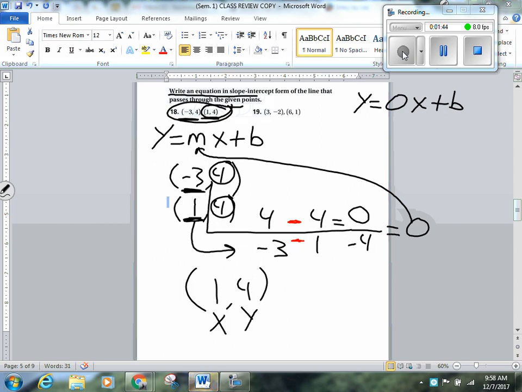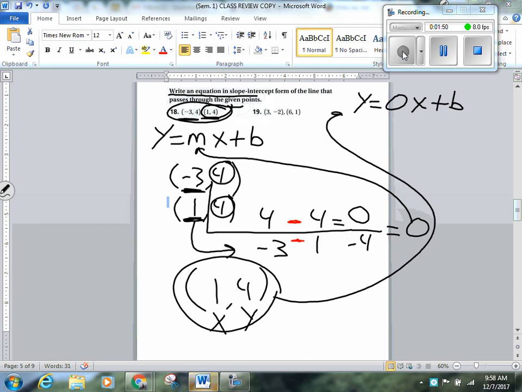And now I'm going to substitute these numbers into that equation. So y equals 4. So I'm going to plug in 4 for y. What does x equal? x equals 1. I plug in 1 up here, and I get b.